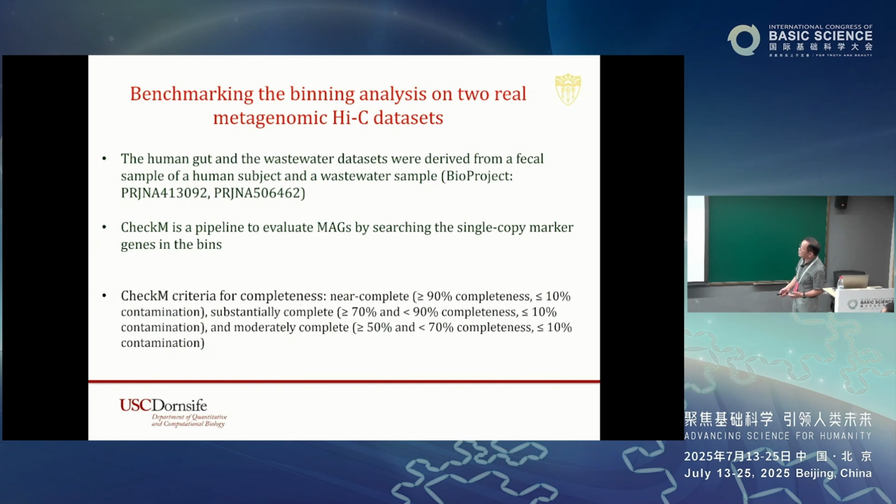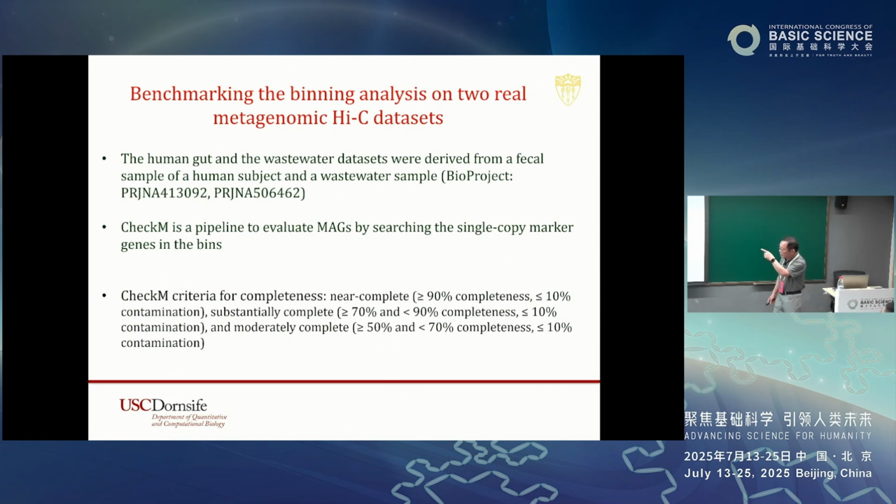Okay, so now we use real data. One is a fecal sample from a human subject, and we also have water samples. Once we have those, we ask how complete those genomes are, and whether they are contaminated or not.